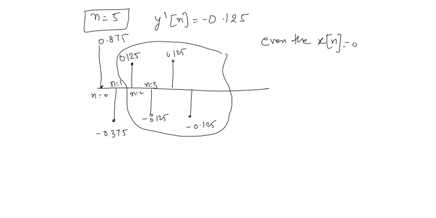I am not giving any input to the IIR filter, still the output is oscillating between some numbers. That number is 0.125. It is kind of oscillating. Even if you compute for higher n, your output is still fluctuating between minus 0.125 and 0.125.